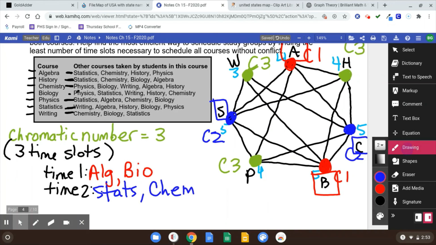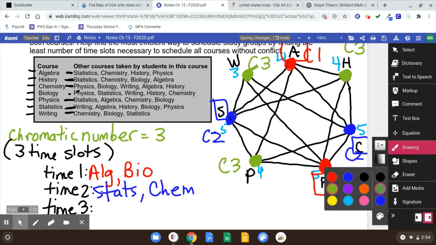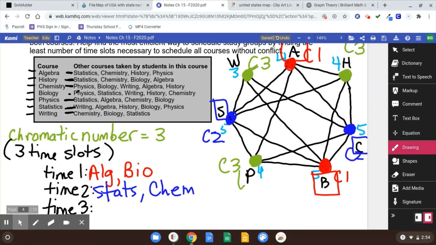And then we needed a time 3 or a color 3. Oops, let's make that black. And that was physics and writing. I don't know how to abbreviate these. And history.